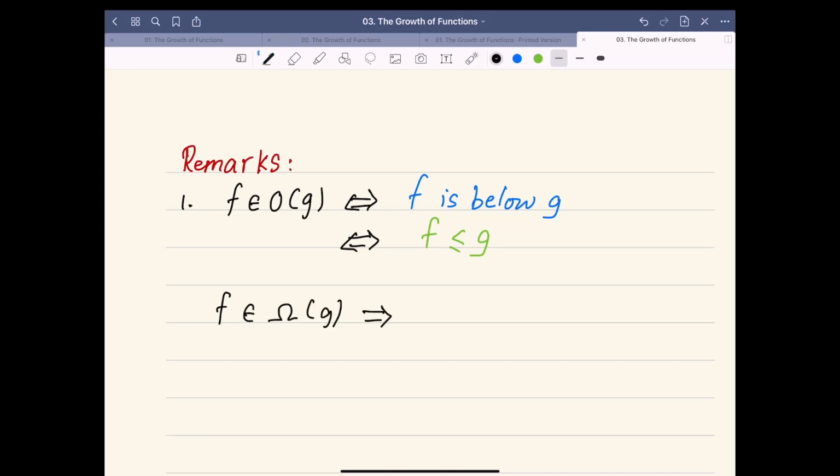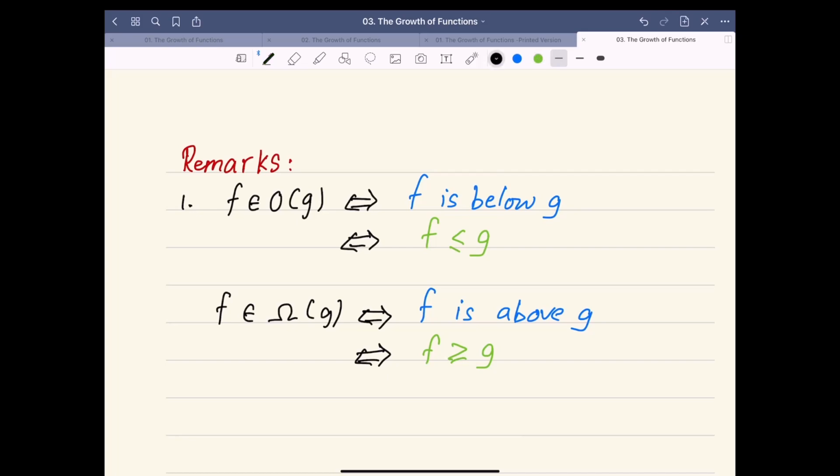It is equivalent to saying f is above g if you have their graphs, which is also equivalent to f greater than or equal to g as functions.